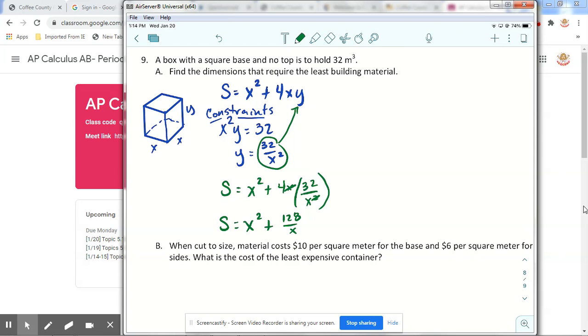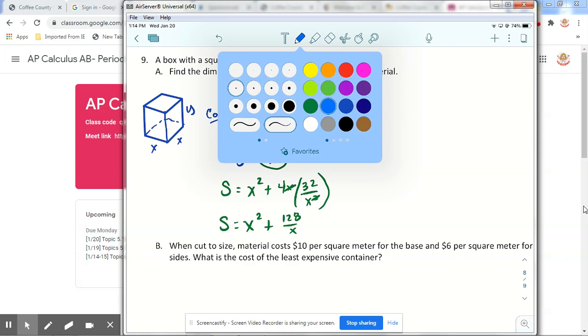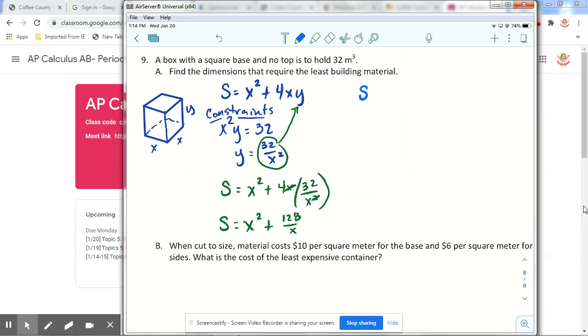All right, and then I'm going to find the derivative of that. And then remember, when I'm doing the derivative of a number over x, we change the sign, and then it's going to be that number over x squared. And if that x had a power, we would multiply by that power and still change the sign and all that.